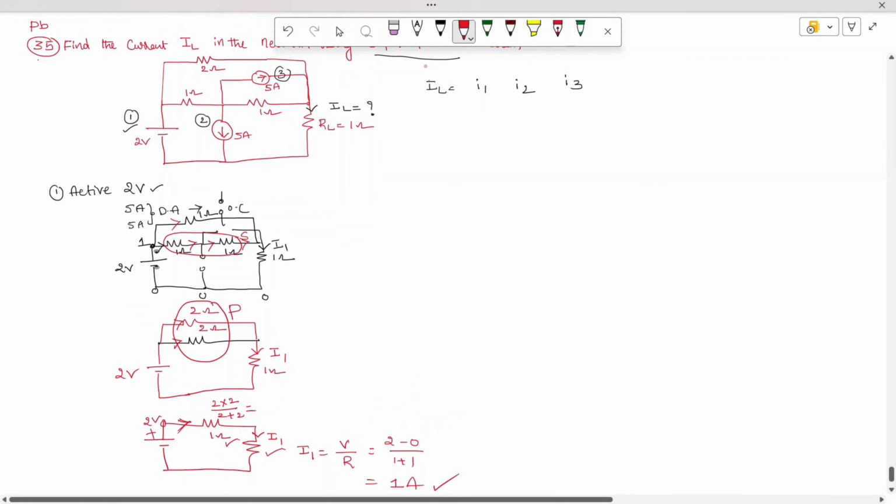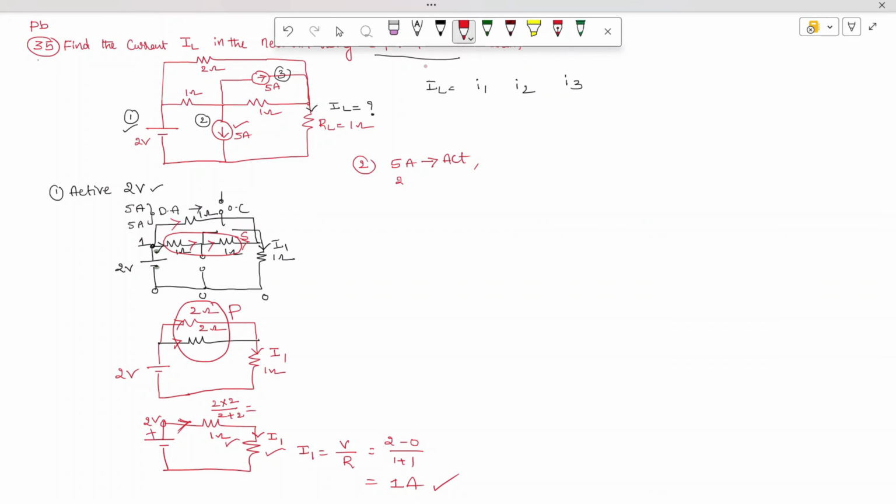Now the second step we are going to solve. Here I am going to activate the second source, which is this 5 ampere source. You can see that automatically the 2 volt source as well as the third source are deactivated. I am redrawing the circuit.